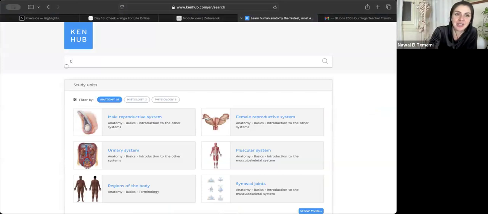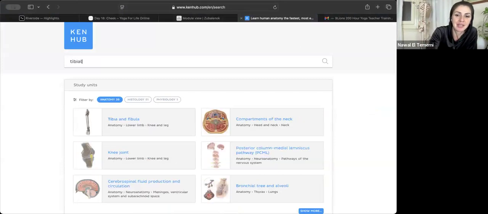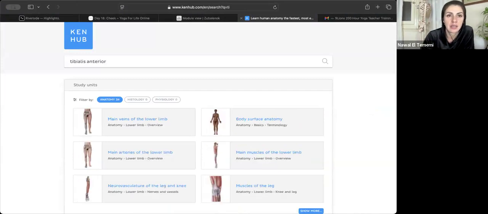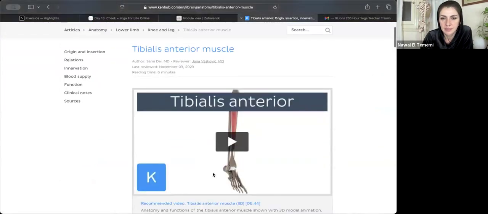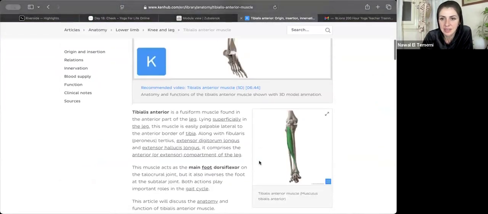Tibialis anterior, so coming to the front. That one's a little easier to see. Okay, the toes are pointing at us in this picture. This is the shin muscle, the shin splint. If I have my hand on my lower leg and I flex my toes towards me, this guy right there, you feel him?